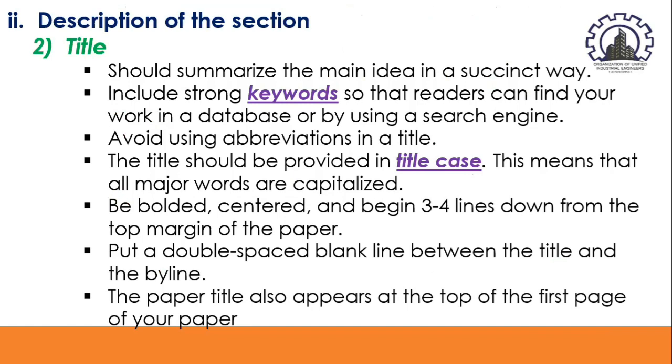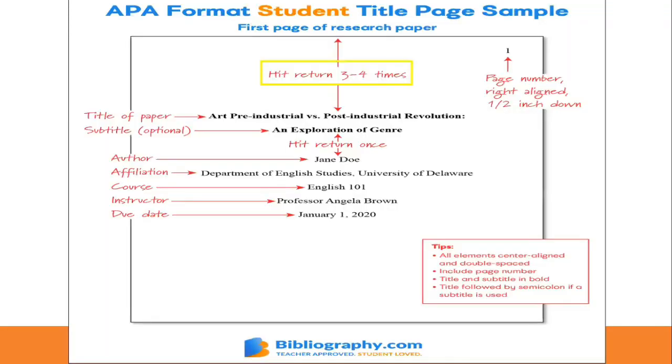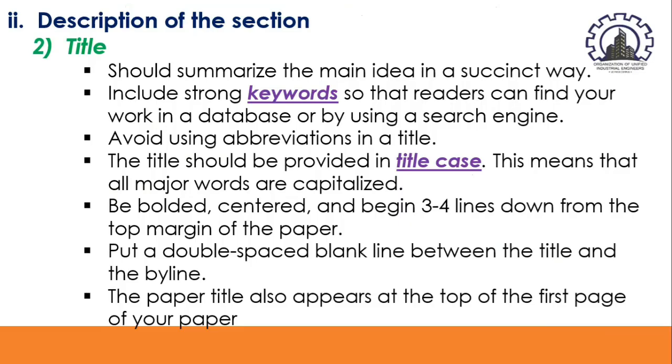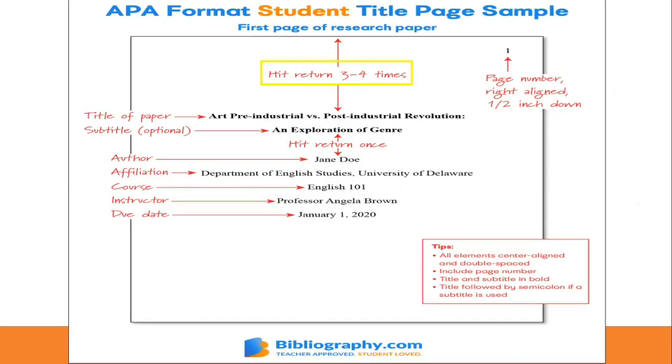And also, let's try to assess whether this title uses abbreviation. As far as you can notice, there's no abbreviation at all, which is good. And also, the title should be provided in title case. As you can notice as well, our sample title is not written in all caps, right?